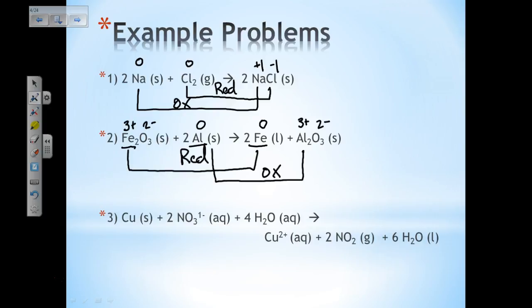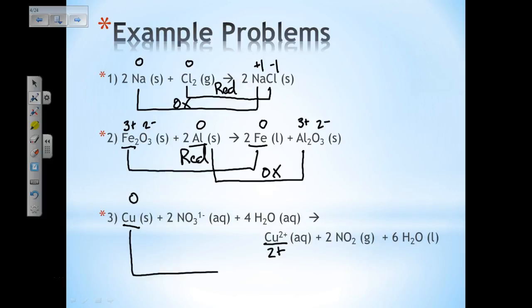Here's a more complex reaction. We have copper reacting with probably nitric acid, NO3 1-, that's the nitrate ion. Copper has a 0 charge, and here has a 2+ charge.